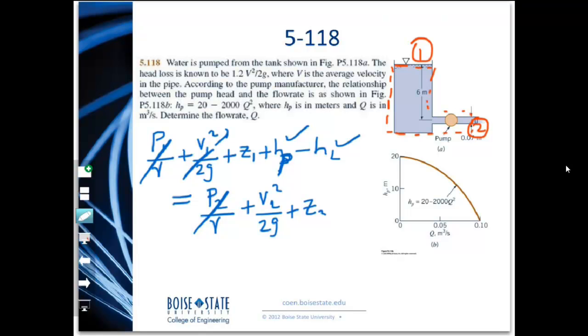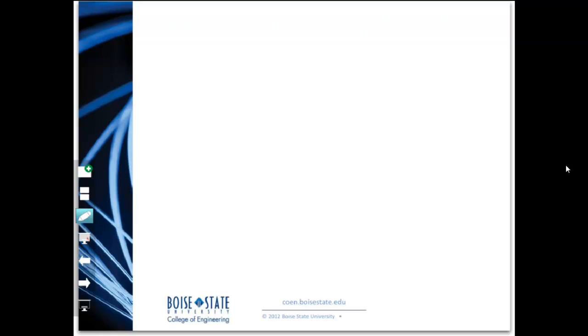And you can try to write V2 in terms of the flow rate, because Q will be V2 A2. Since you're given the diameter at this section, you can compute A2. So you can write everything in terms of Q, and you'll end up with one equation and one unknown, which will be Q in this case. Okay.